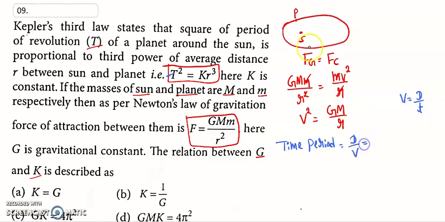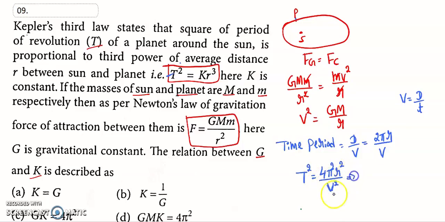For one revolution the distance is 2 pi r, divided by v. Since we have v square, we now have to square it. T square equals 4 pi square r square divided by v square.